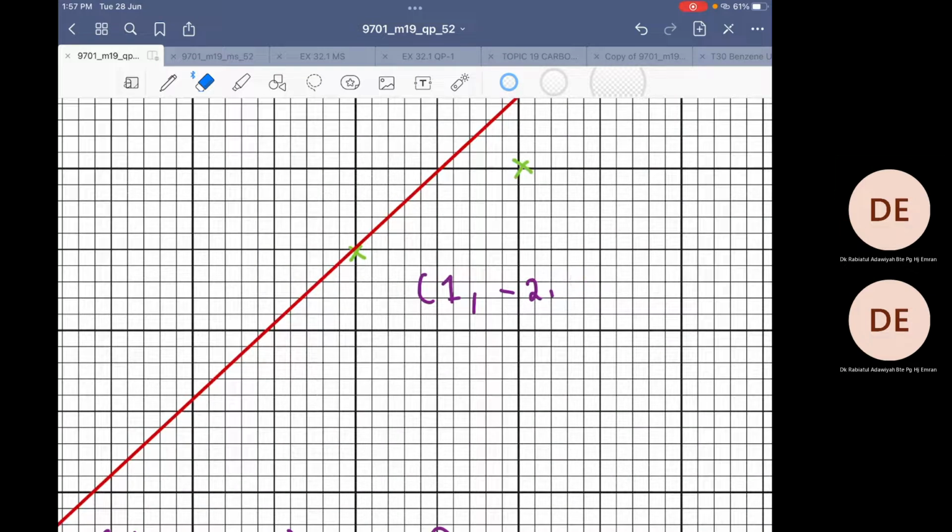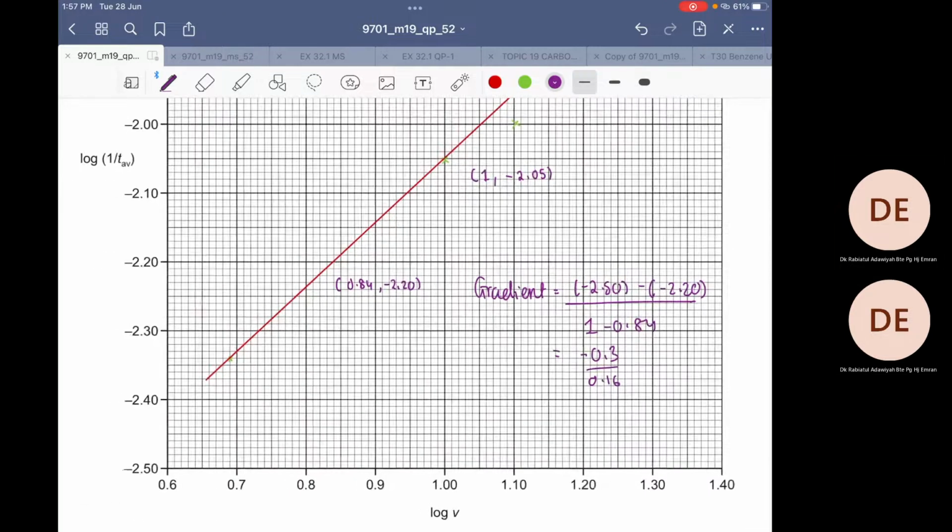This should be 2.05, not 2.50. That means 2.05 minus 2.20 divided by 1 minus 0.84. Yep. So mine is 0.938. Make sure it's to three significant figures.